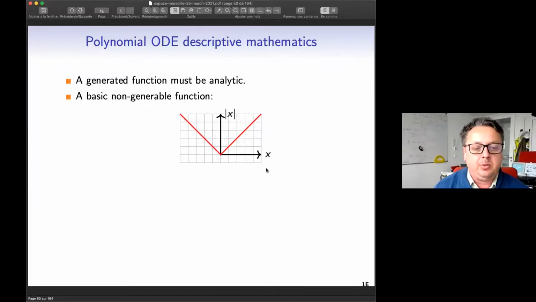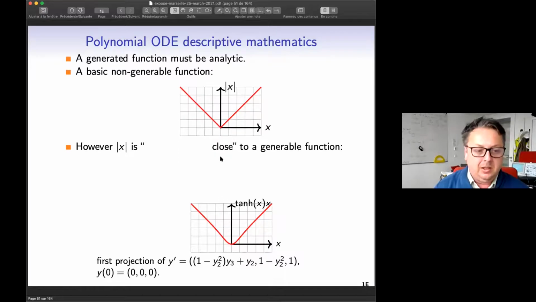A very simple example is the absolute value, which has no derivative in 0. But let's be honest and say, how would you draw something like the absolute value on my oscilloscope? You will do exactly what the engineers of that time did. So not draw absolute value, but draw something close.